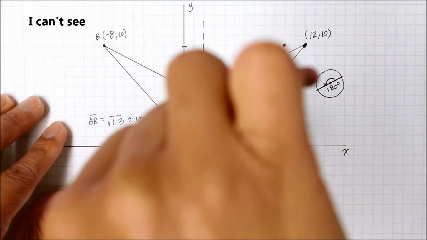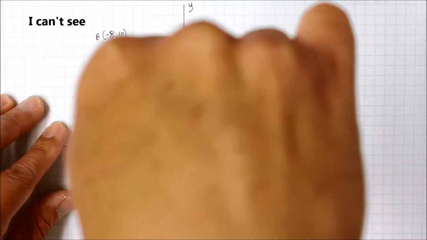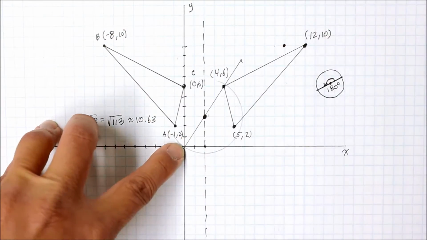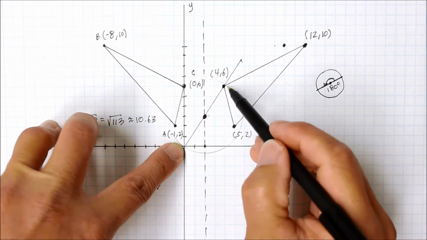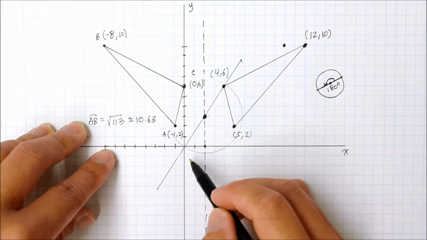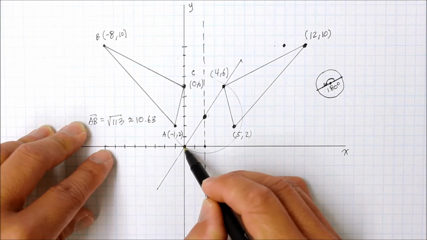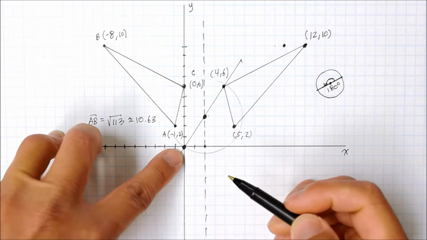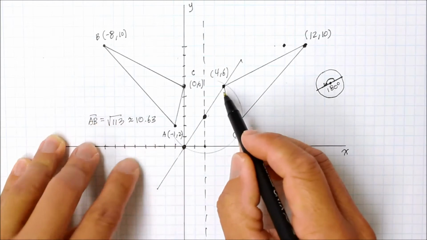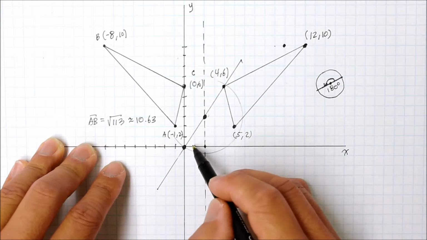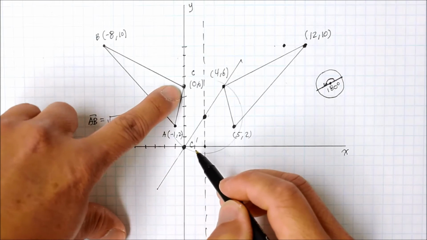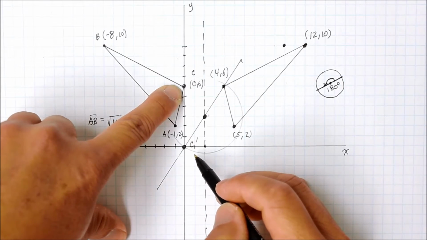There it is. And where do I stop the rotation? On the opposite side of the diameter. So this is where I stop. This is my new location of the C. And I'm going to mark that as a C prime, because that's a new location of the initial one that started over here before the reflection.